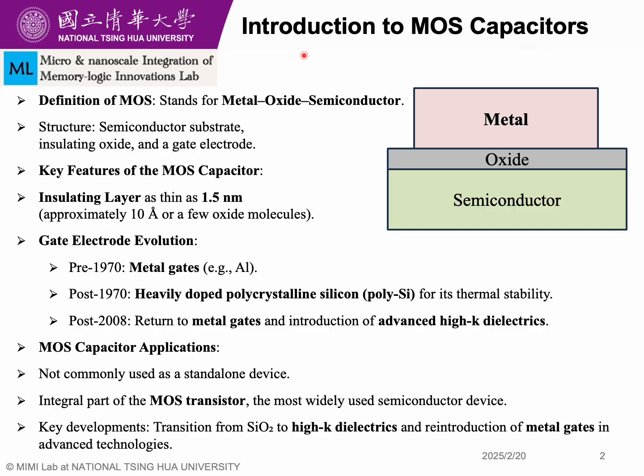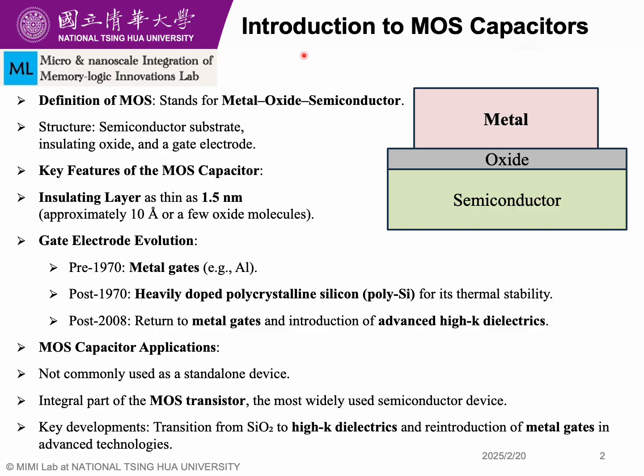Now, if we see the evolution of the gate electrode in MOS capacitors, before the 1970s, metal gates like aluminum were primarily used. However, later we moved to heavily doped polysilicon. We saw a significant improvement in thermal stability, which became increasingly important as device scaling continued.